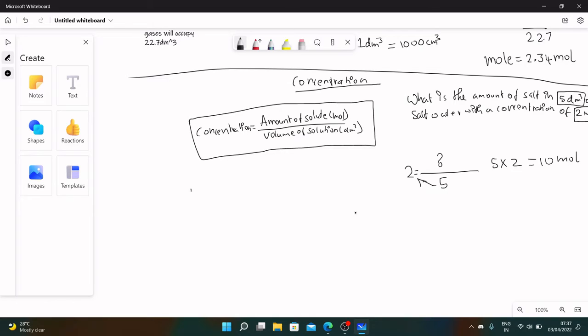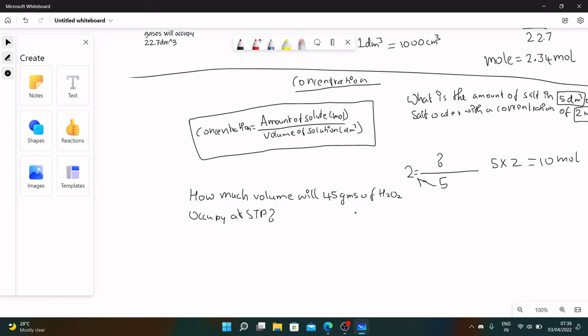So, how much volume will 45 grams of H2O2 occupy at STP?